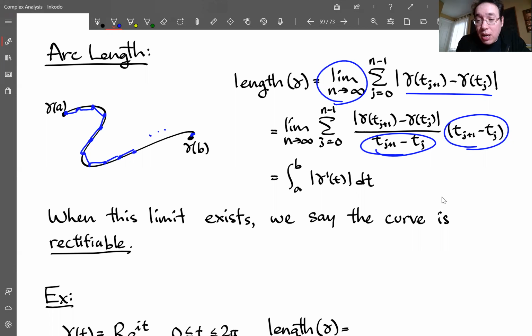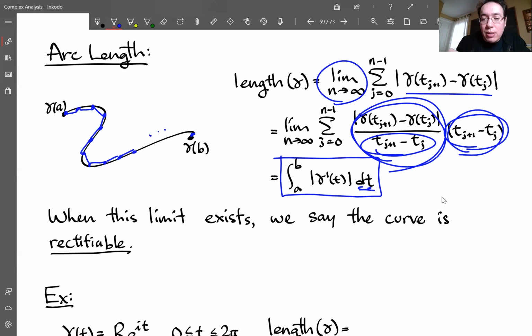And then this portion becomes the magnitude of the derivative of the curve, and this portion becomes the dt of the Riemann integral. Basically, we can get the arc length by integrating the magnitude of the derivative of the curve. When this limit exists, we say that the curve is rectifiable. That just means it's a smooth curve that has a finite length.